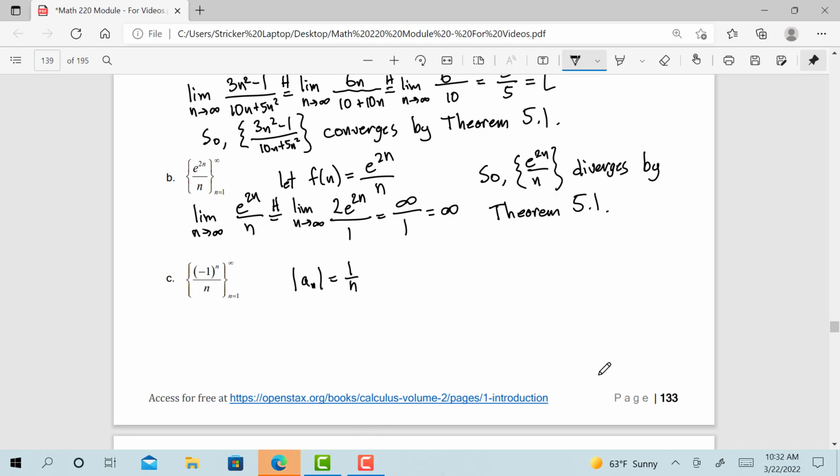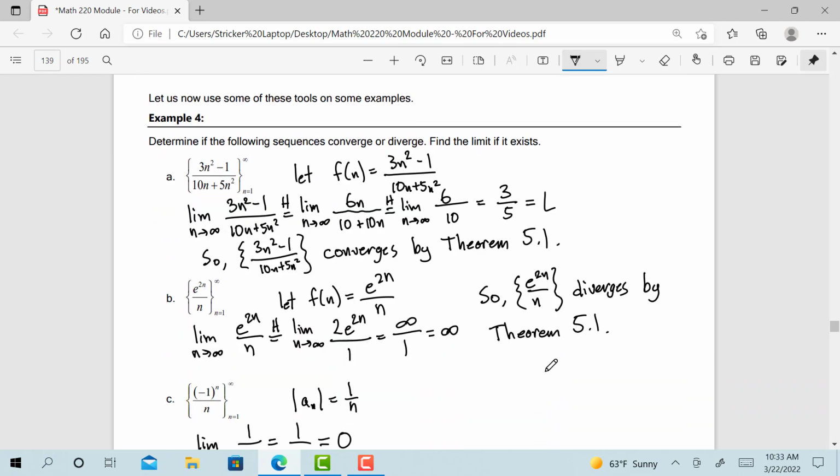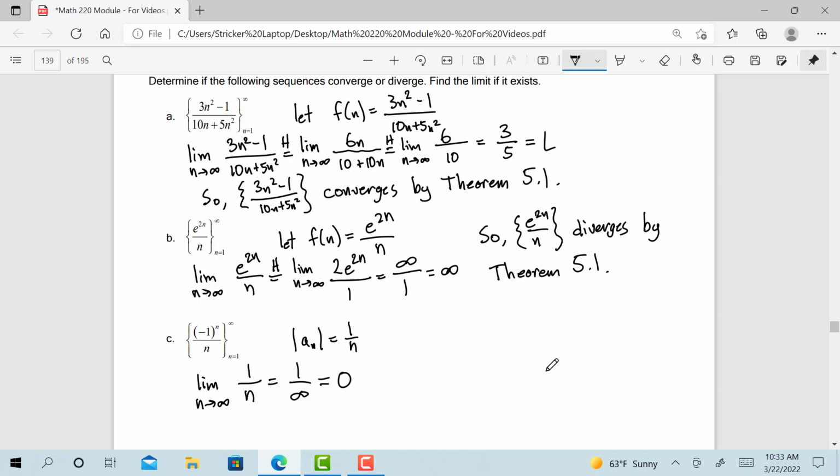And so if we take the limit as n approaches infinity of the absolute value of a sub n, it's like taking the limit of 1 over n, which in this case is going to be 1 over infinity, which is going to be 0. And so, again, go back to that theorem. It says if that limit of the absolute value of terms approaches 0, then the limit of the actual sequence itself is 0.